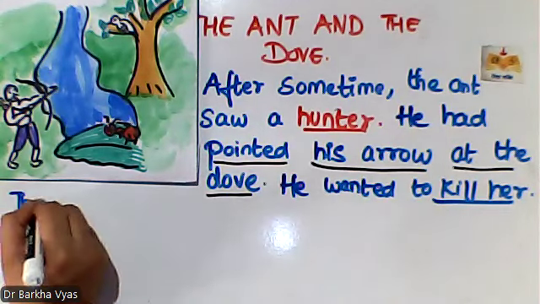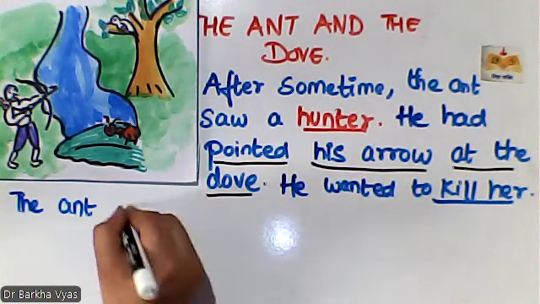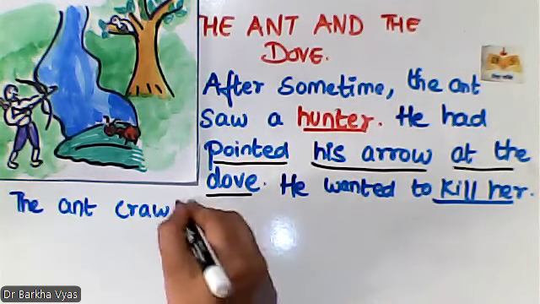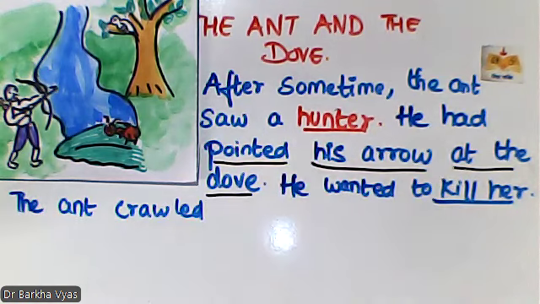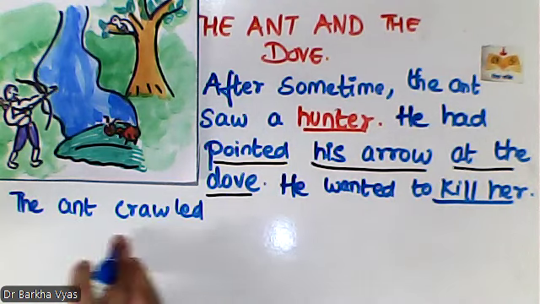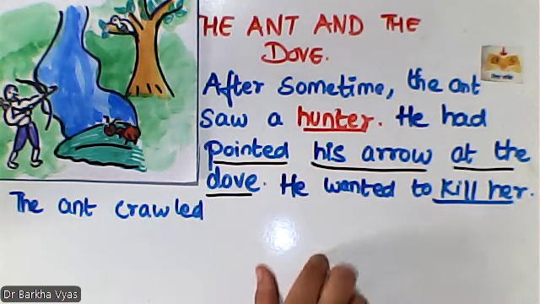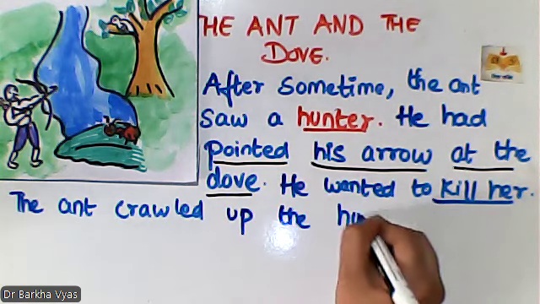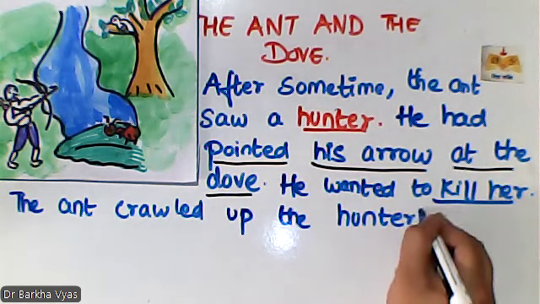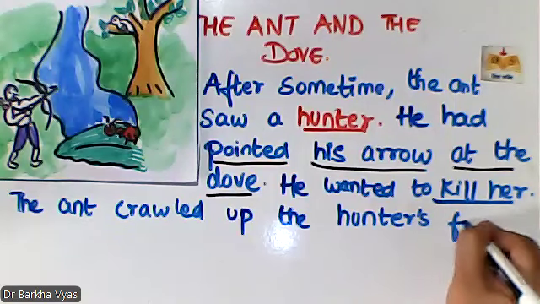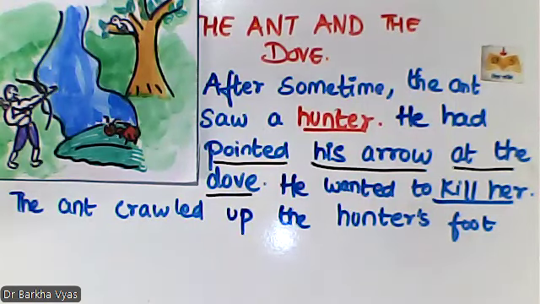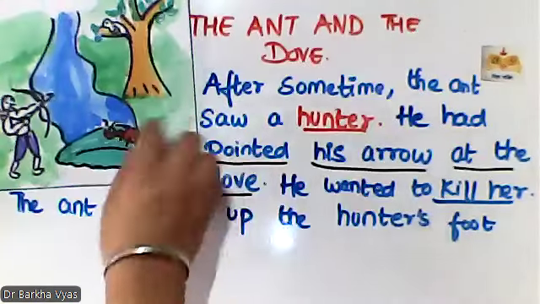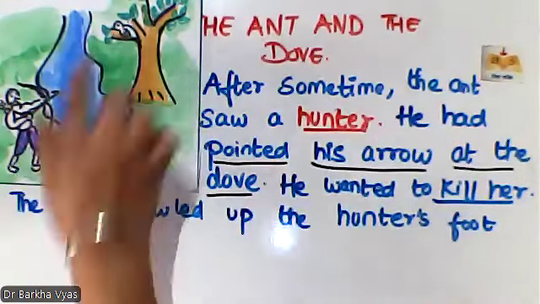Then what happened? The ant crawled. What does the meaning of crawled mean? धीरे से जाते हैं ना, धीरे धीरे से घुटनों के बल. तो यहाँ पे crawl माने धीरे धीरे crawl करना. The ant crawled up the hunter's foot. तो कहाँ पे ant crawl? तो who saw the hunter aiming at the dove?